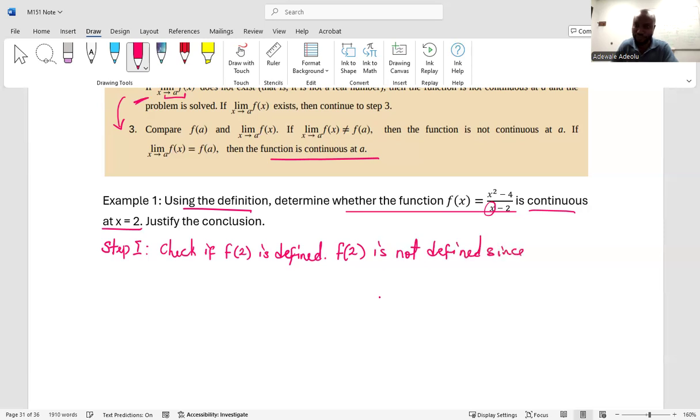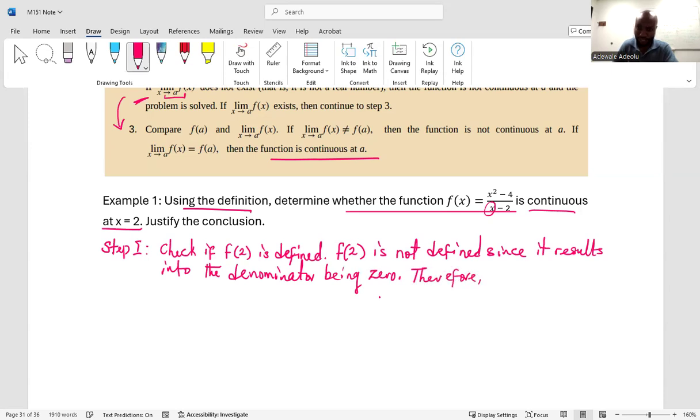Since it results in the denominator being 0, therefore, that is our conclusion.